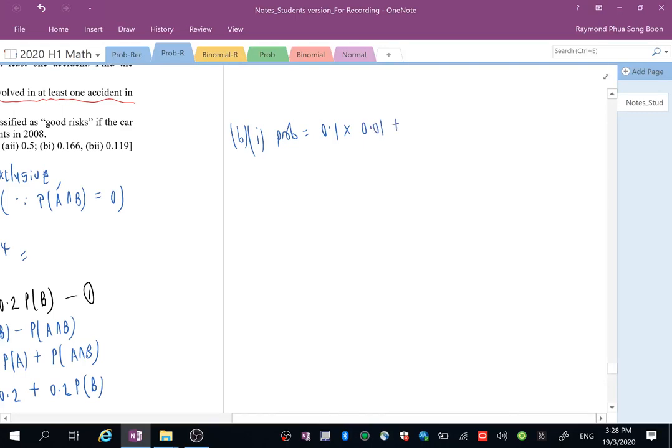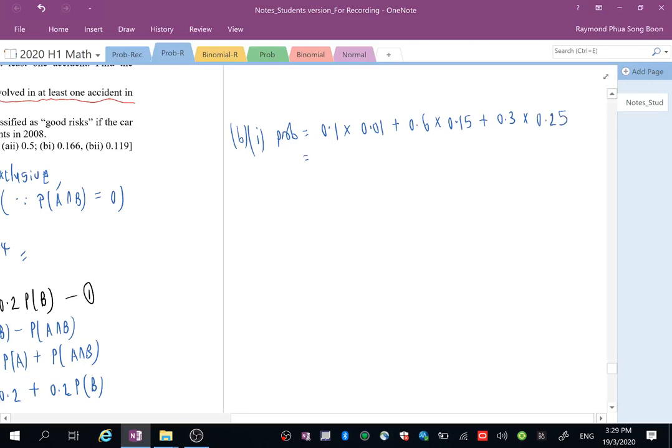And then the probability that it is classified as average risk is 0.6, and the probability for an average risk car owner to be involved in at least one accident would be 0.15. Likewise, the probability that it is classified as a bad risk would be 0.3, and for a bad risk car policyholder to be involved in at least one accident, it will be 0.25.